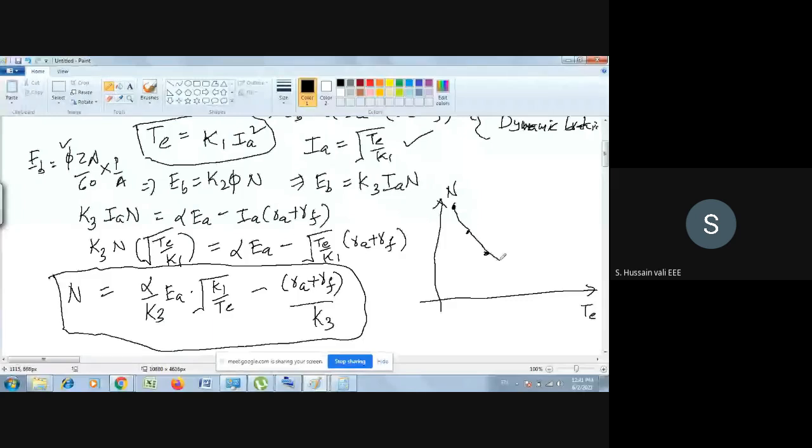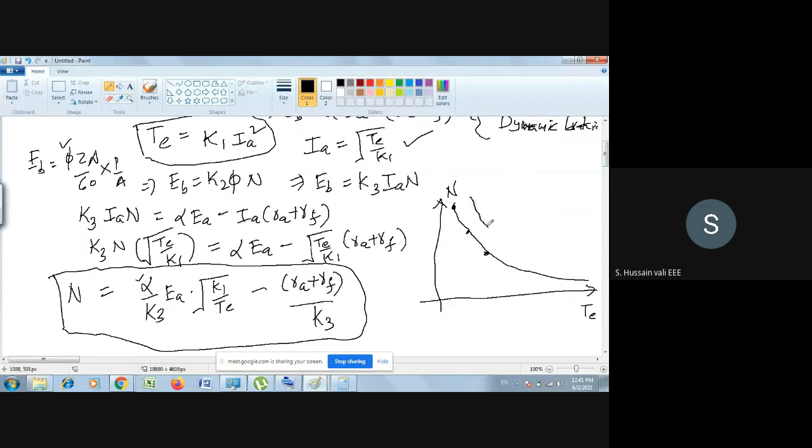And let me tell you one thing, this graph we got already. Every time for the DC series motor, this is the graph you will get. But what is the difference between this graph and the previous graph? There is alpha here. That's important. Everything is the same. If you change the value of alpha, you will get different graphs.